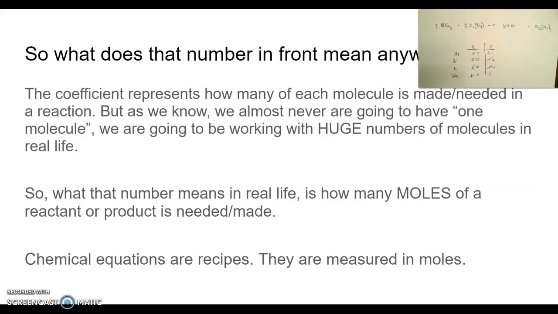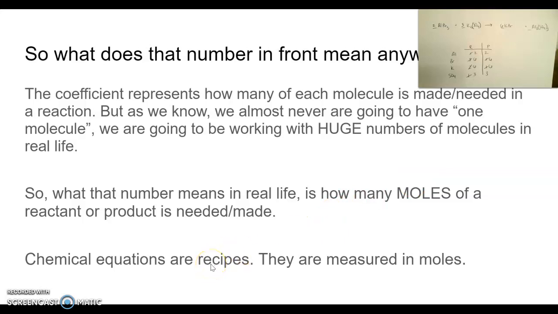We know that in real life, most of the time when we're working with chemicals, we're not going to be able to get just 2 molecules or just 6 molecules of a type to mix together. We're going to have many, many molecules. And so that number, so in that example that is still on the screen, 2 moles of aluminum bromide and 6 moles of potassium bromide, that number means the number of moles that are needed for this reaction.